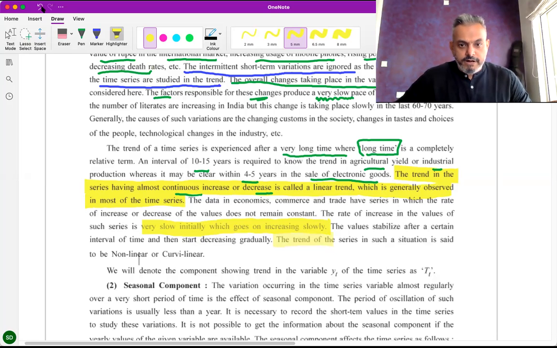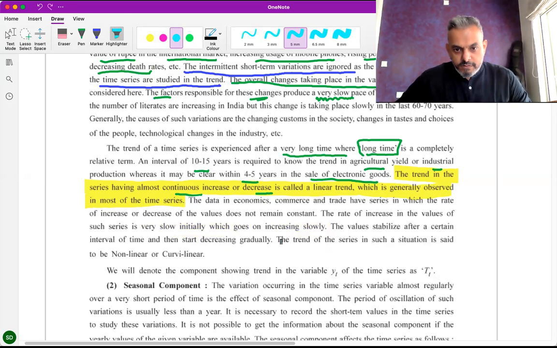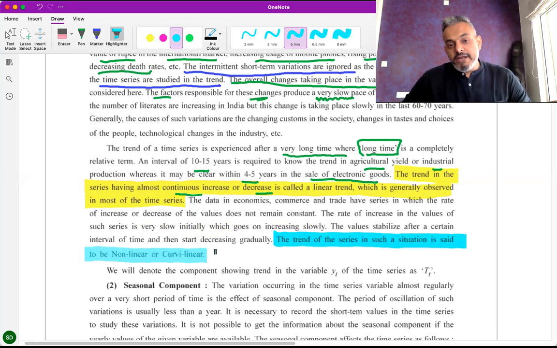Just a minute, let me use a different color for you. The trend of series in such a situation is said to be non-linear or curvilinear. Now I'll give you an example which came to my mind: the cost of using mobile services with data.